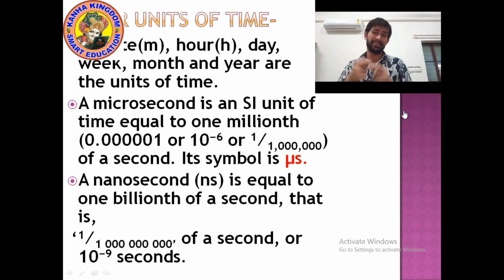So 1 microsecond is equal to 10 to the power minus 6 second, and 1 nanosecond is equal to 10 to the power minus 9 second. Okay, I hope you understood.